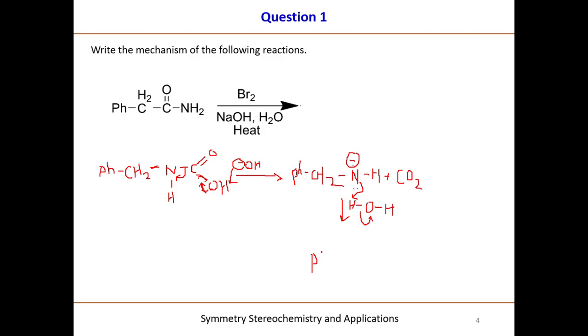PhCH2 NH2. Correct? This is amine formation. So this will be the byproduct.